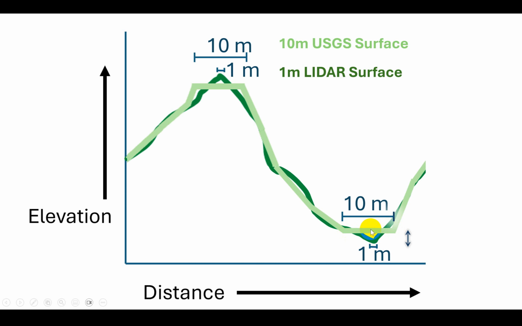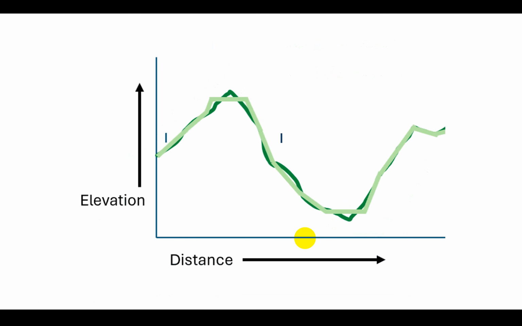So we would expect to see our biggest differences in elevation between the 10-meter USGS and the LiDAR happening at peaks and valleys and places where there's the most extreme change in elevation over space.